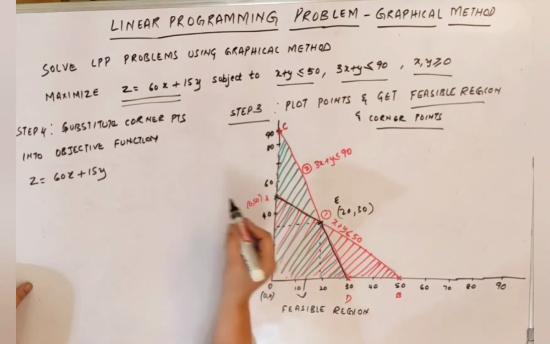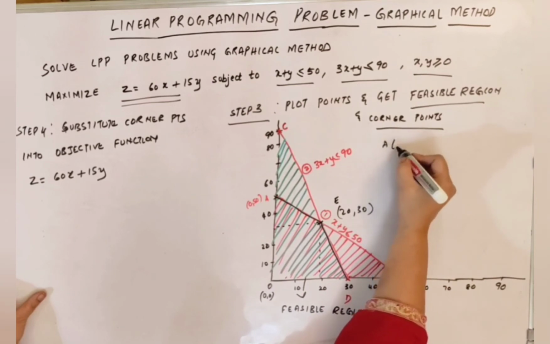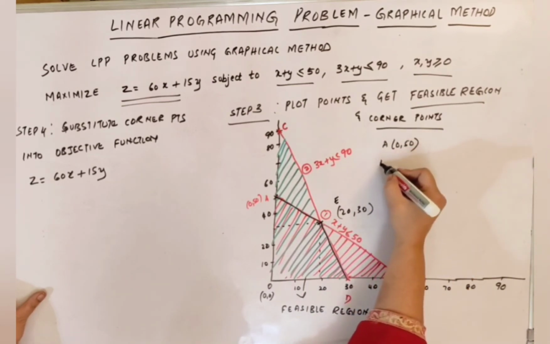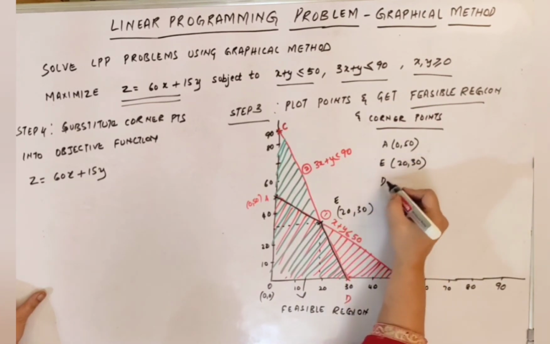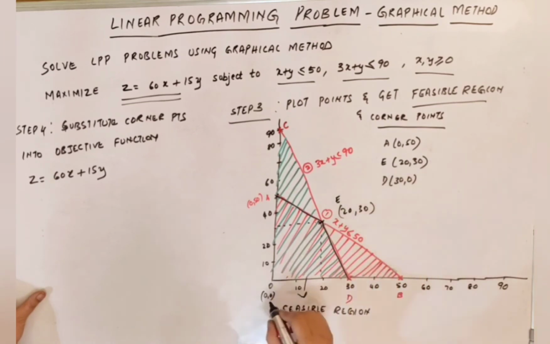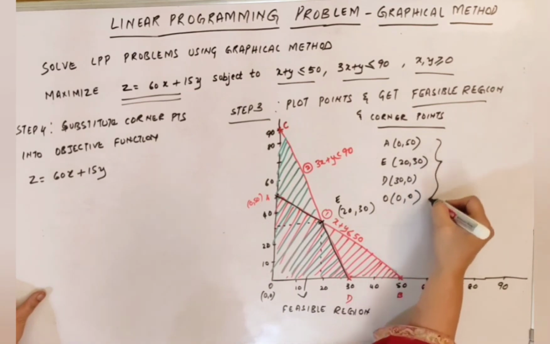Let's write the corner points here. So A, 0, 50. Then next point is E, 20, 30. Next point is D, it is 30, 0. And origin O, which is 0, 0. So these are our corner points.